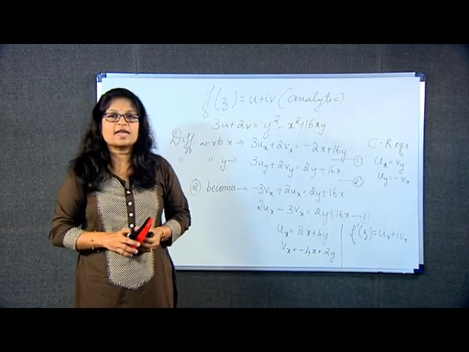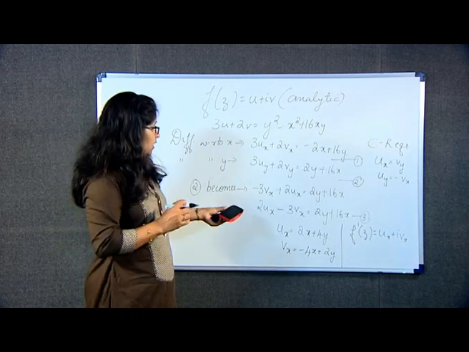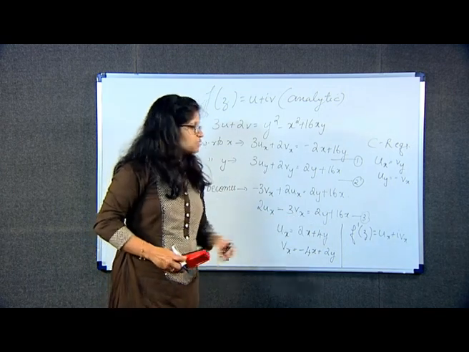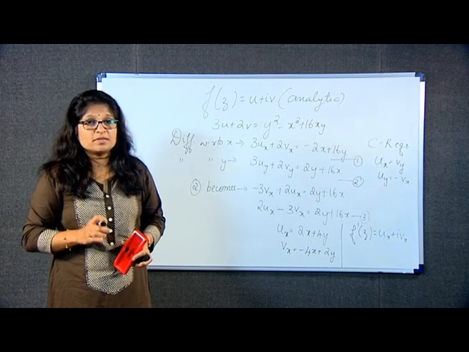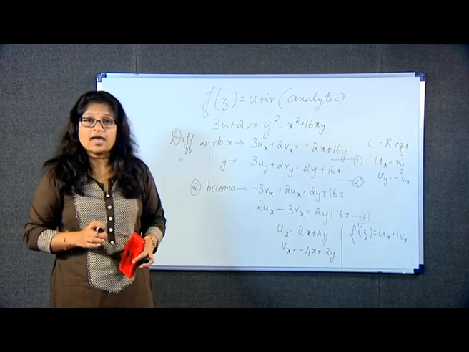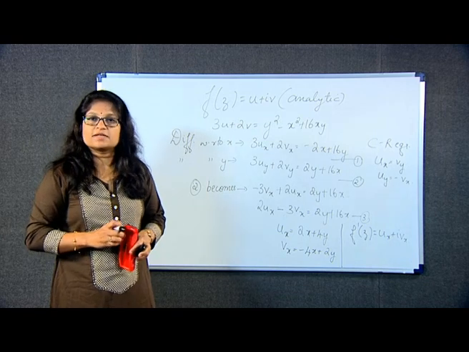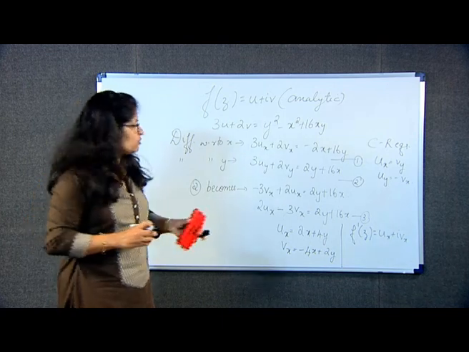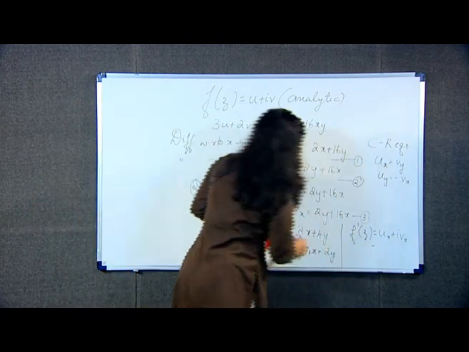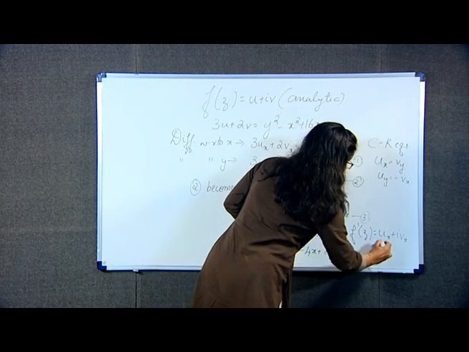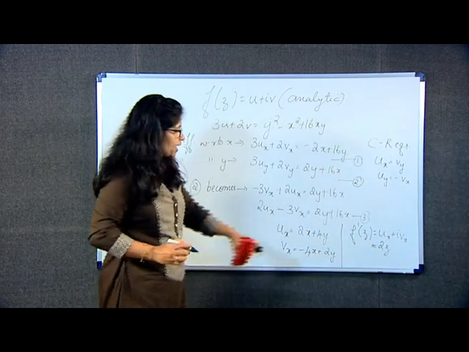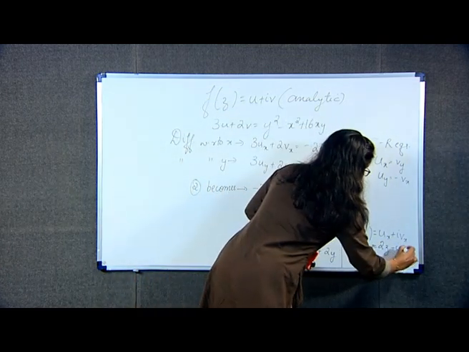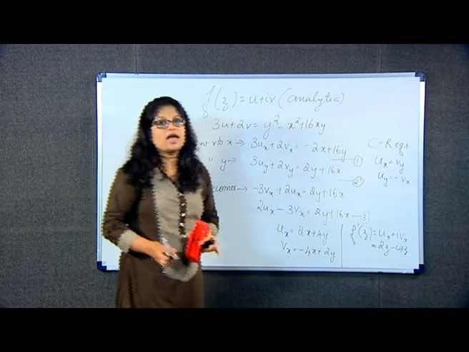So what do I get my f dash z as here? Your ux is 2x plus 4y and your vx is minus 4x plus 2y. If I have to obtain this as a function of z alone, so that I can integrate and get my f of z back, I will put x equal to z and y equal to 0 as in the Milne-Thompson method. I get 2z minus i into 4z as my f dash z.